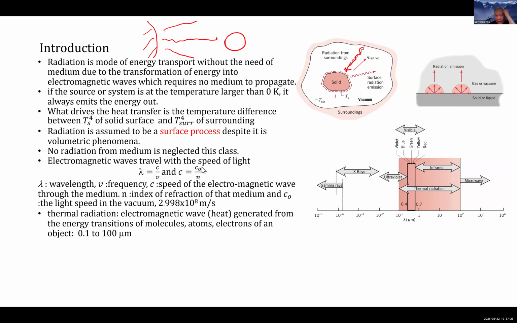How do you find c? c0 is just a constant, 3 multiplied by 10 to the 8. You have to know what n is, meaning you have to know what kind of medium stays in between the starting point to the ending point. Okay, when electromagnetic wave is traveling.